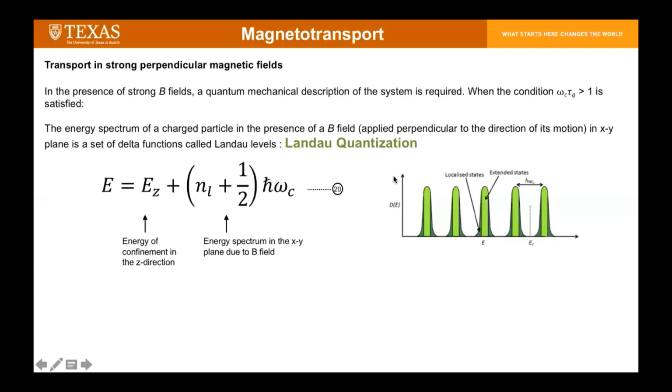This is a figure of density of states and the energy in the xy plane only. And these green pillars that you see are called Landau levels. This is an effect of quantization on the application of a very strong magnetic field.